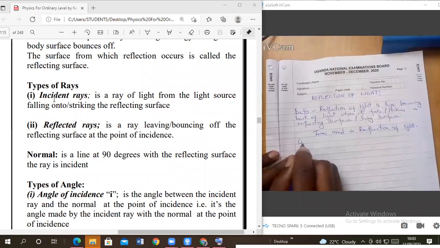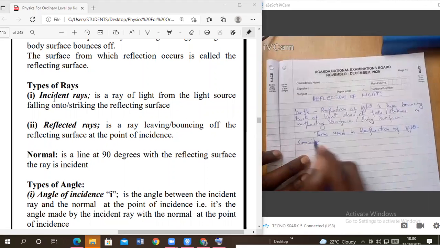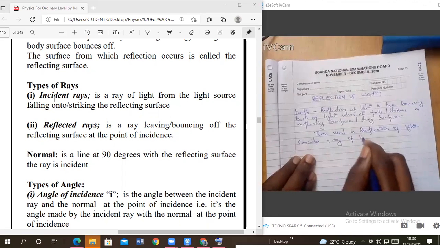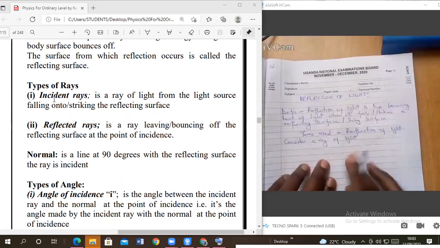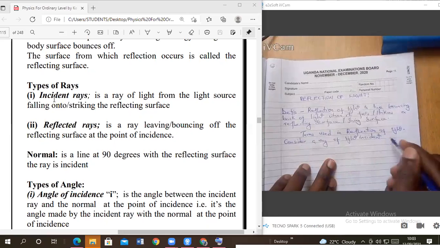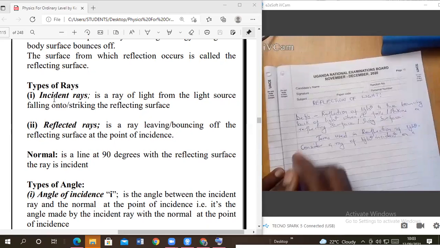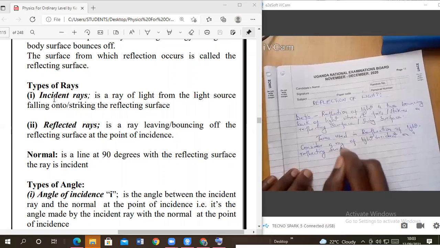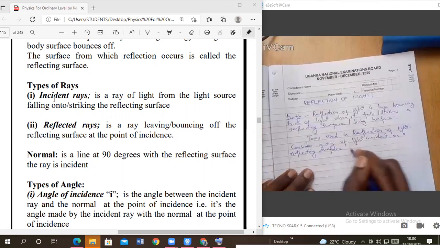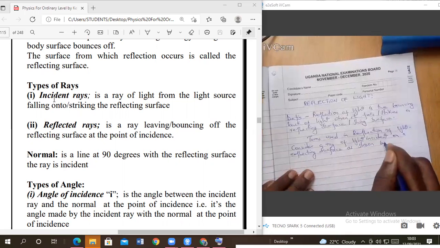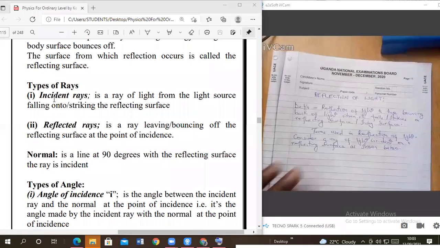Let's consider a ray of light incident on a reflecting surface as shown below.